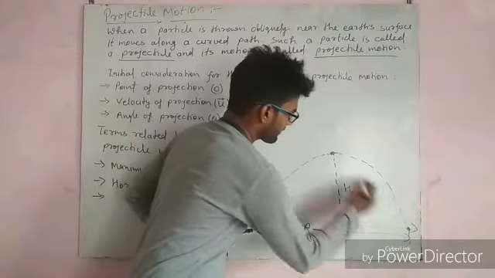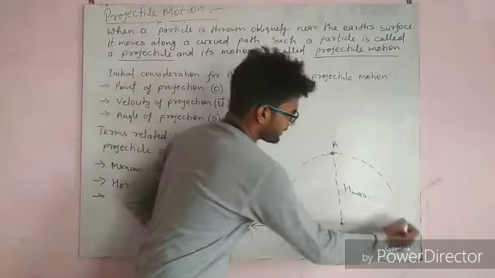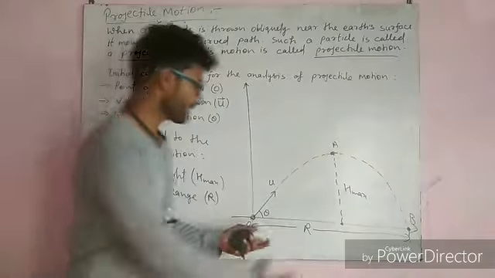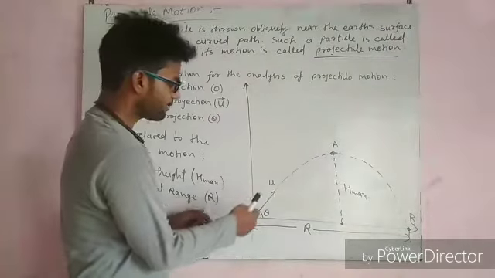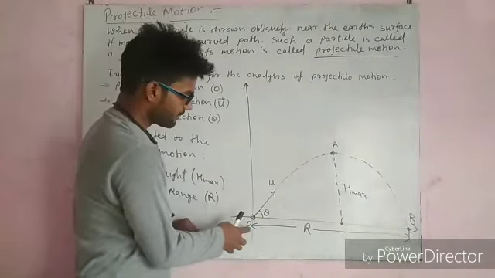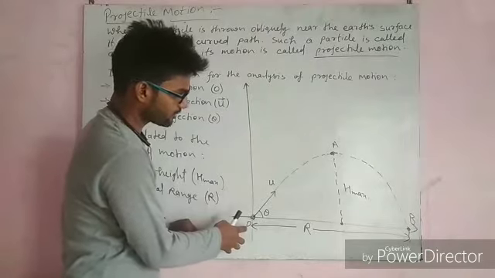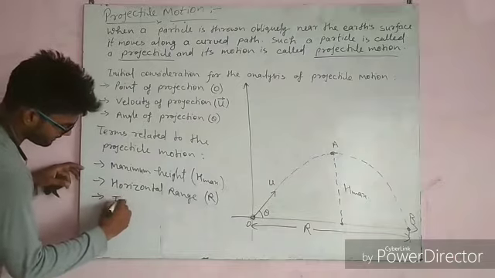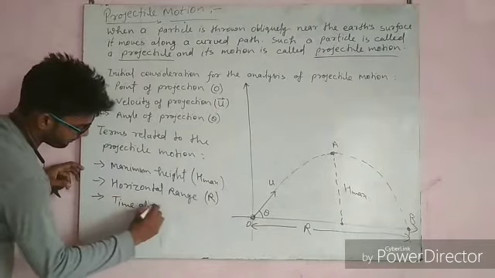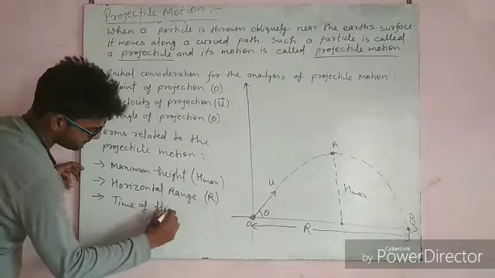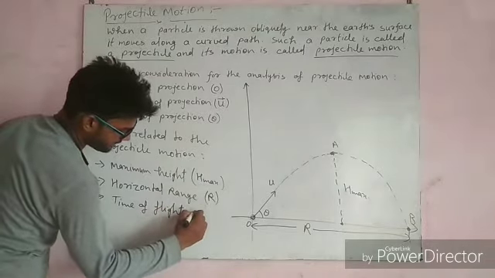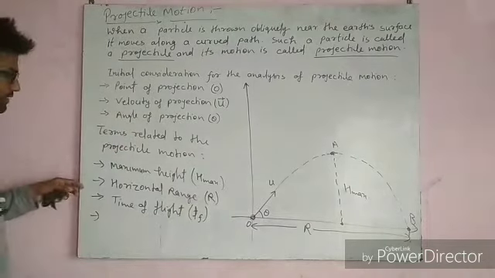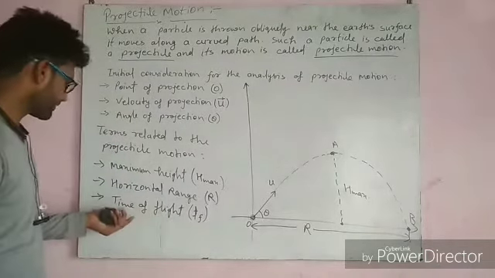Let us say O, this point is A, this point is B. So motion from O to B is the range, and the time taken by the particle for the motion from O to B is called time of flight, TF, right? So these are the three terms.